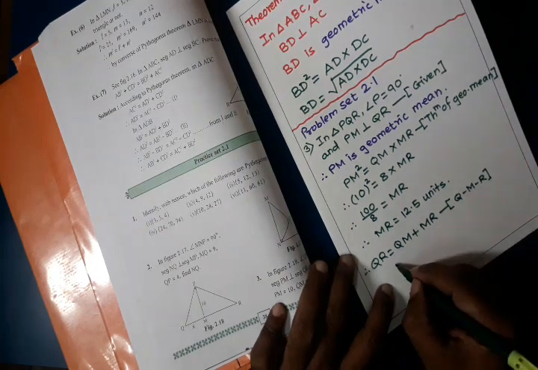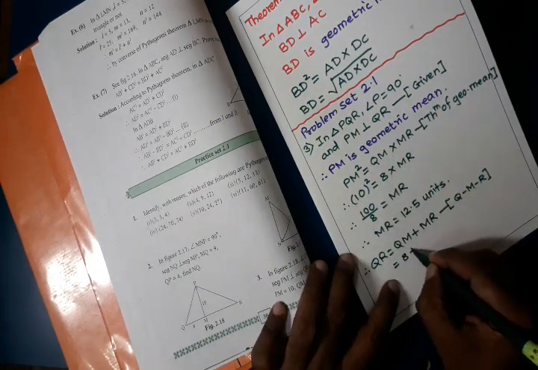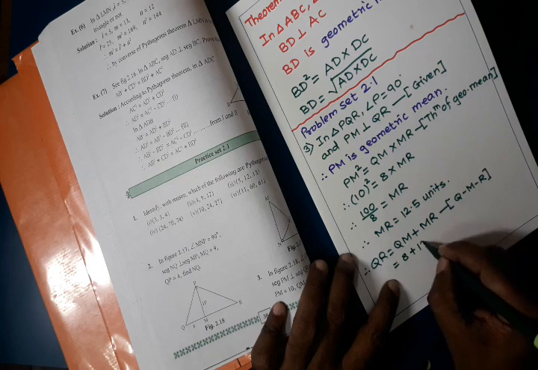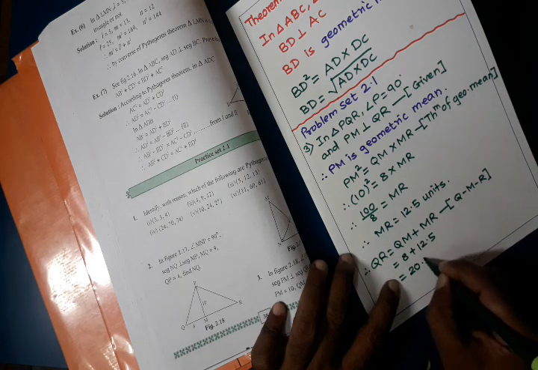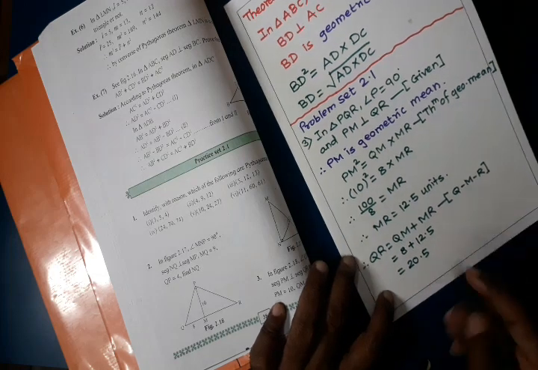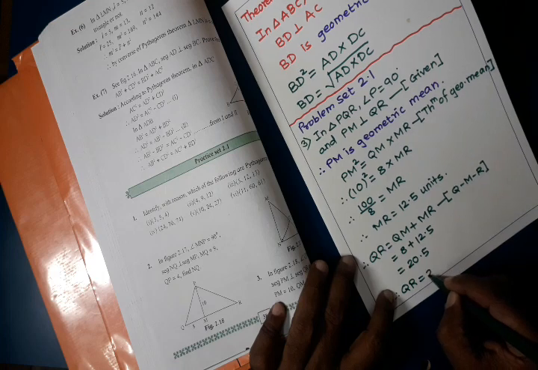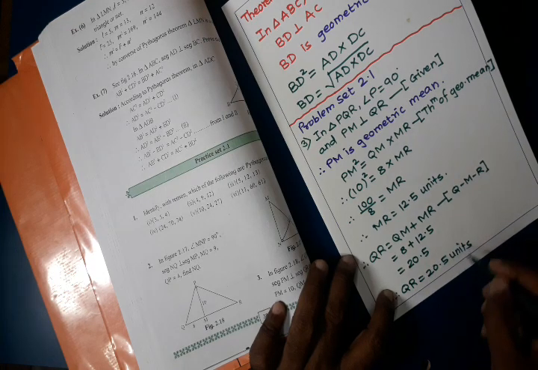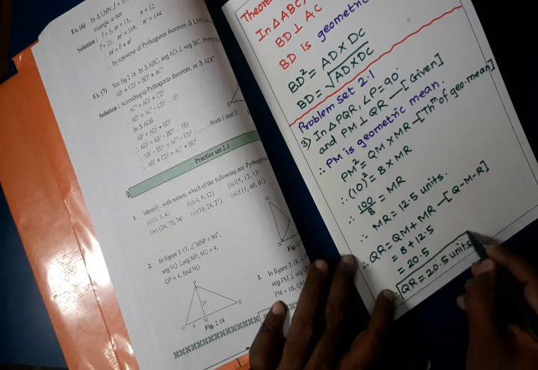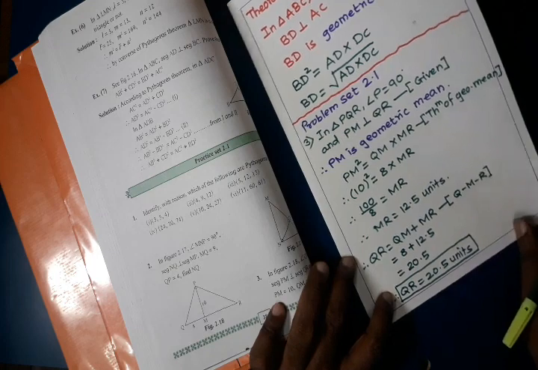Now substitute the values: QM is given as 8, and we have found the value of MR as 12.5. So it will ultimately become 20.5. In this way we get QR is equal to 20.5 units, and this will be our final answer. Don't forget to highlight the final answer.